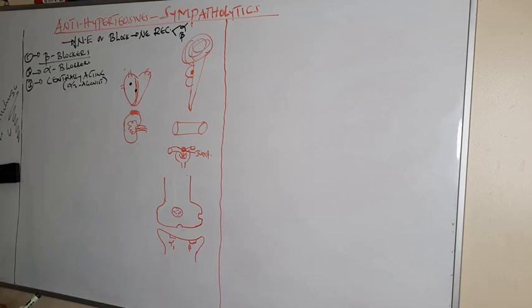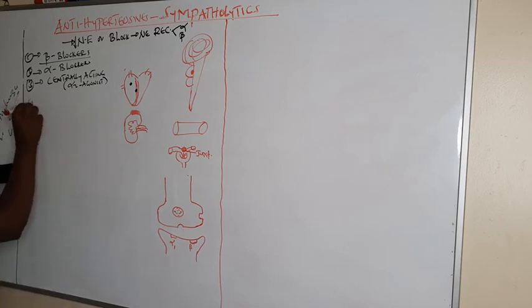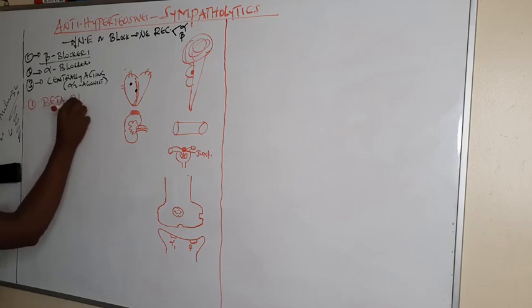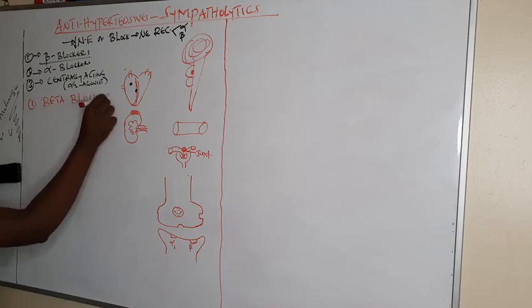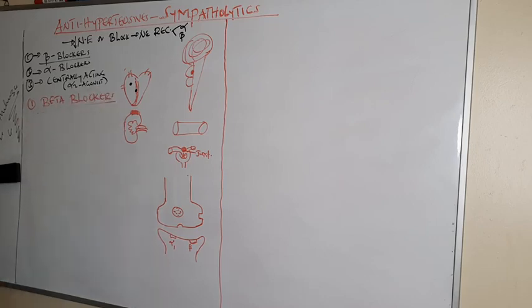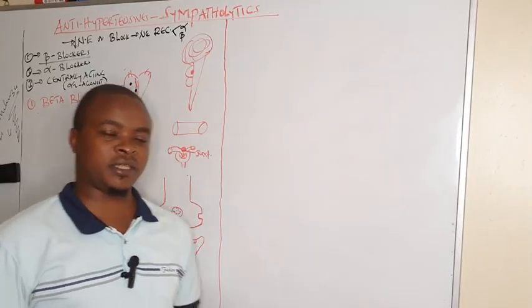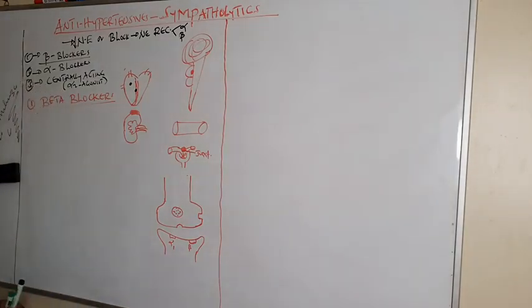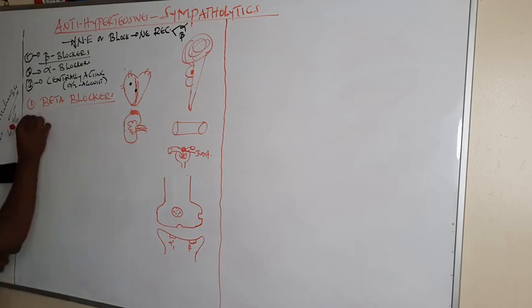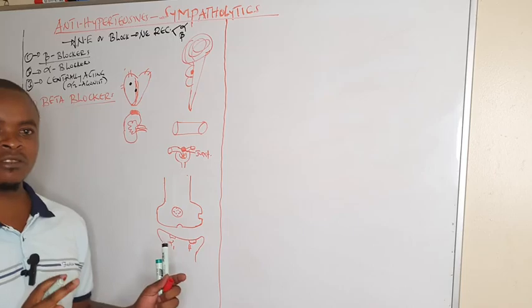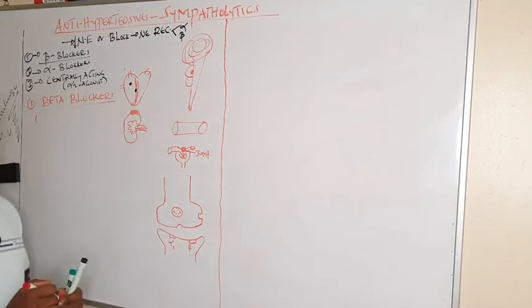We want to see how they work. So number one, we are beginning with beta blockers. These beta blockers are classified into three ways. But before we go to the classification, these beta blockers block both beta 1 and beta 2, depending on the classes we are going to see.